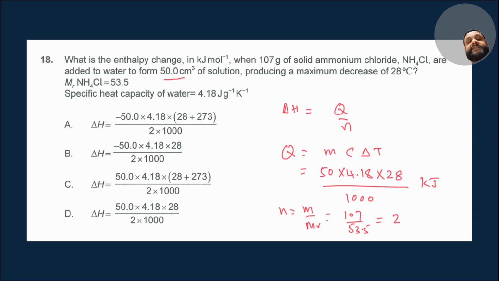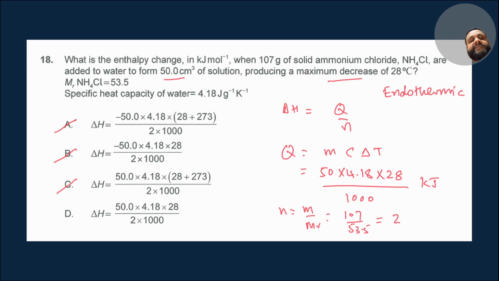Straight away I can get rid of A. There's no need to convert into Kelvin, and same way I can get rid of C. There's a decrease in temperature, so that suggests this is an endothermic reaction. So we're looking for a positive sign, so we can get rid of B because it's a negative sign. So D is the correct answer.